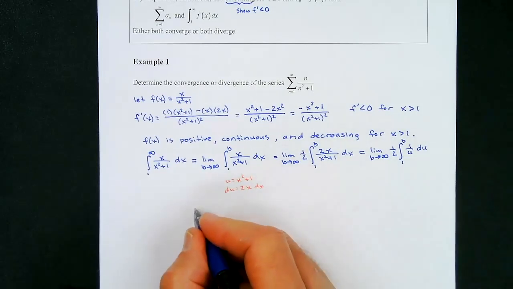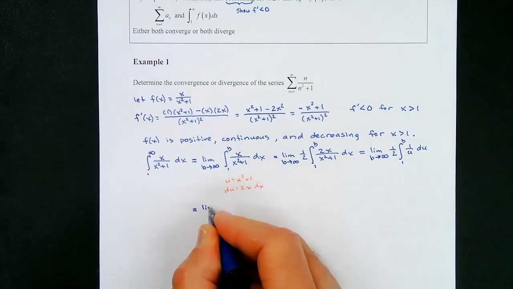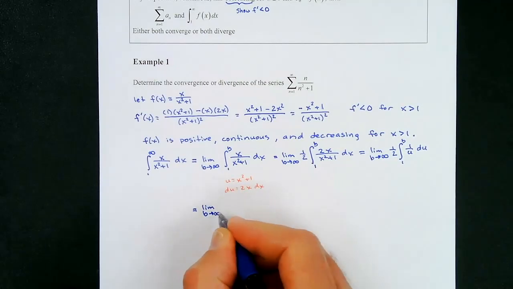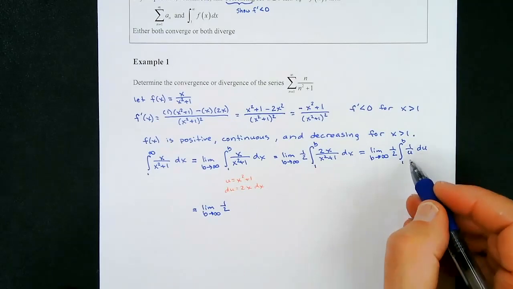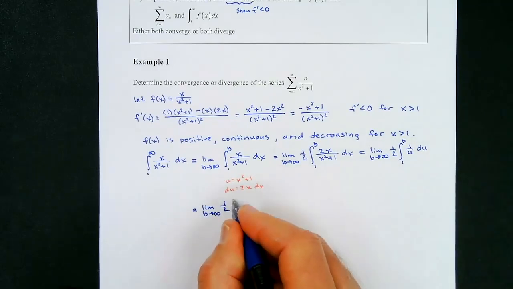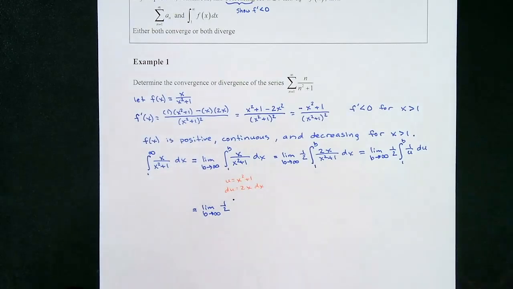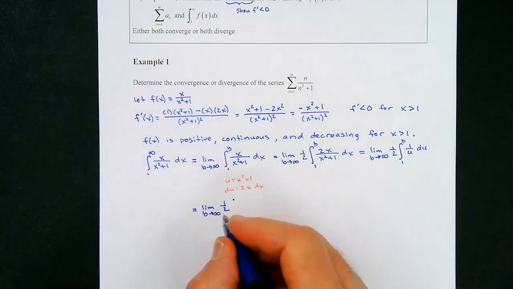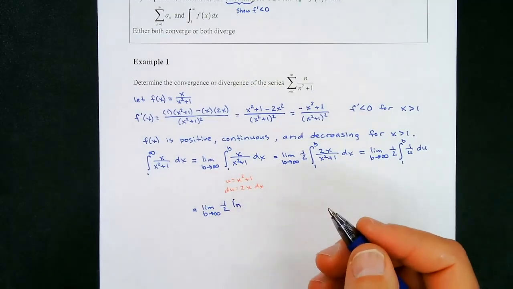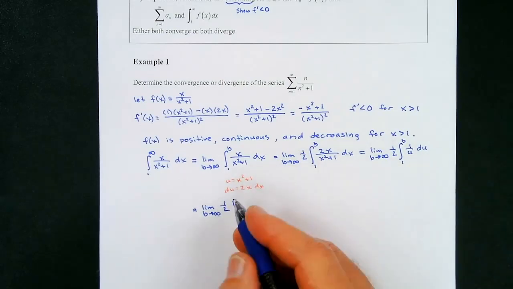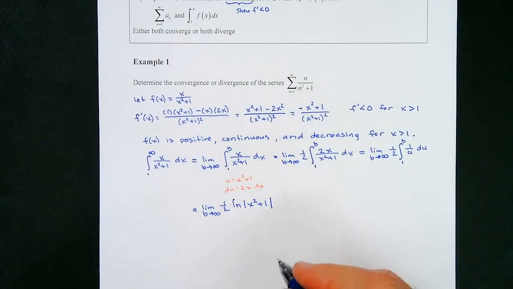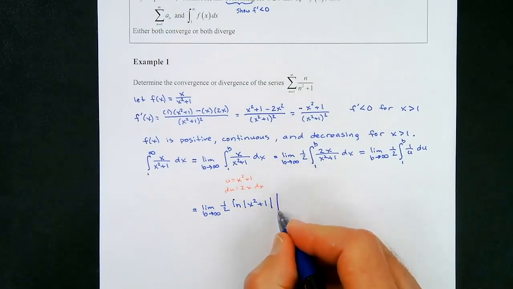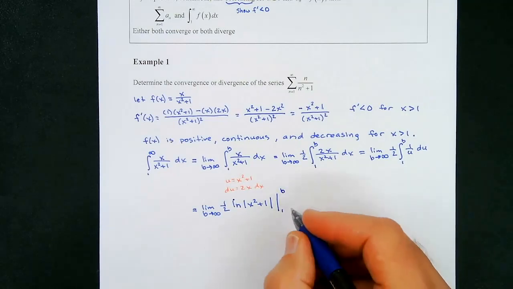Okay, so then that makes this equal to the limit as b approaches infinity of 1/2, and then the integral from 1 to b of 1 over u, which is the natural log of the absolute value of u, right? But u is x squared plus 1, so the natural log of the absolute value of x squared plus 1, and then we want to evaluate this from 1 to b.